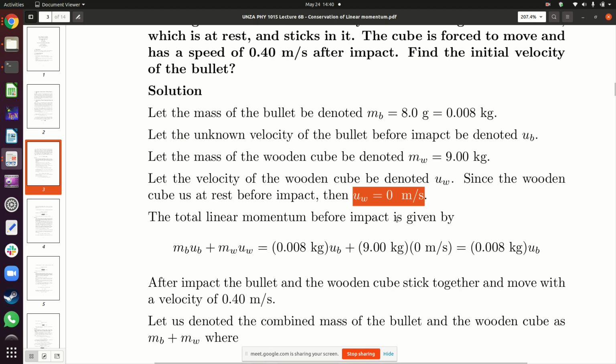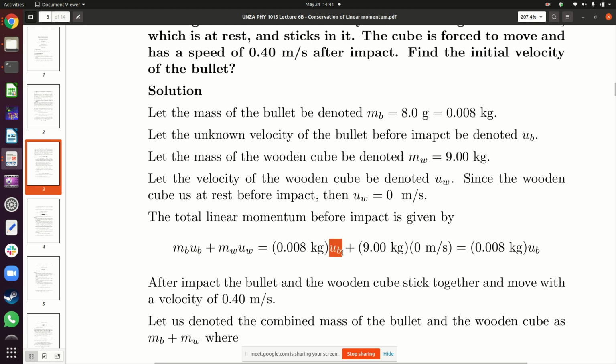With this information, we can work out the total linear momentum before the bullet struck the wood. The total linear momentum is going to be the mass of the bullet multiplied by the velocity of the bullet, which is UB, plus the mass of the wood multiplied by the velocity of the wood. The mass of the bullet is 0.008 kgs multiplied by UB.